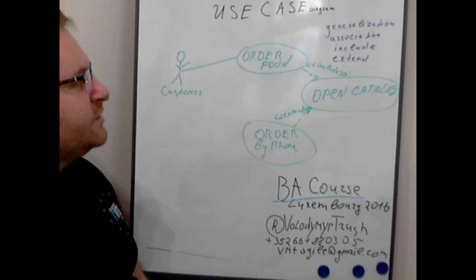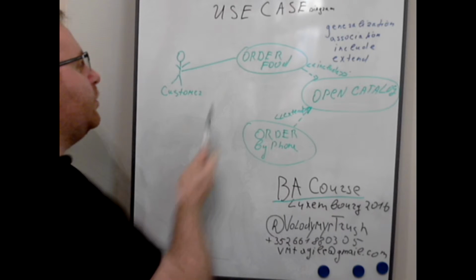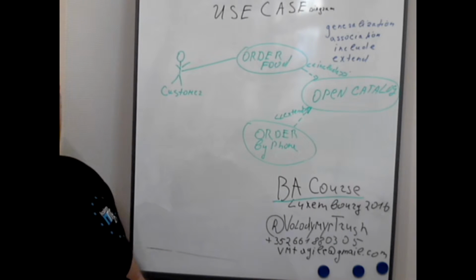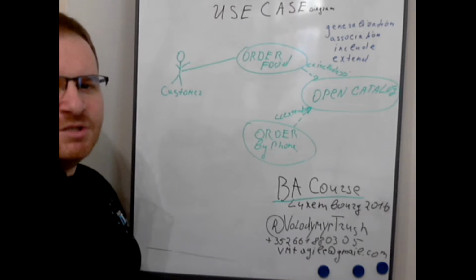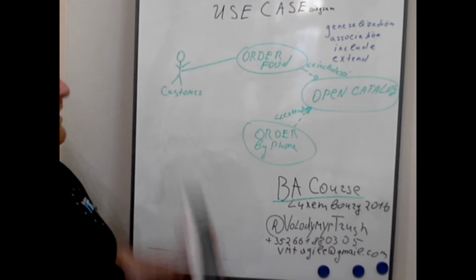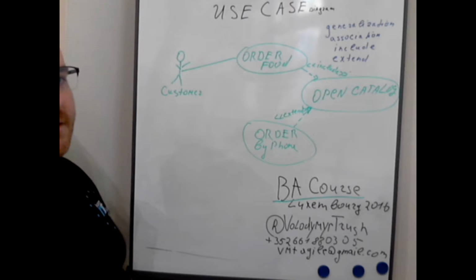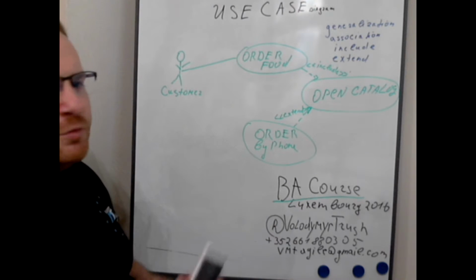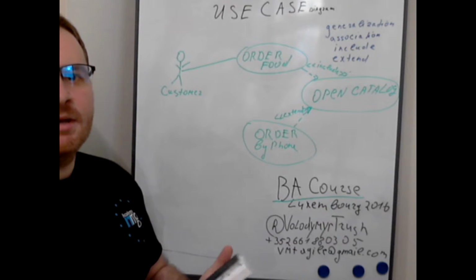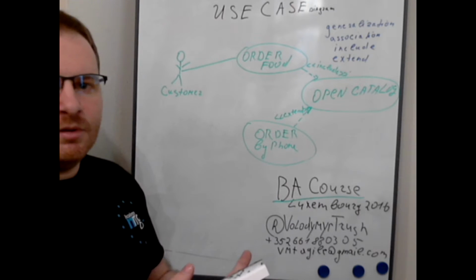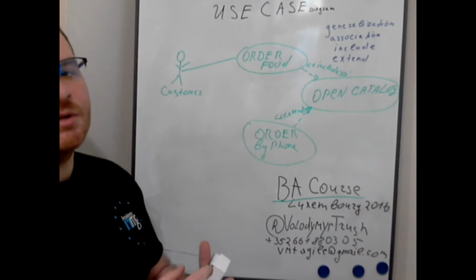When we are using association, it's always between the customer and the use case. We use generalization when, for example, we have a customer, but we want to group something by a similar domain or properties. In such a case, we are using generalization.